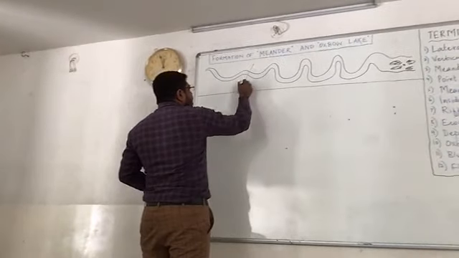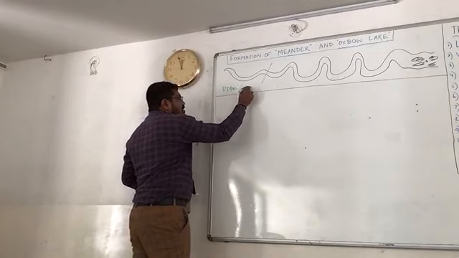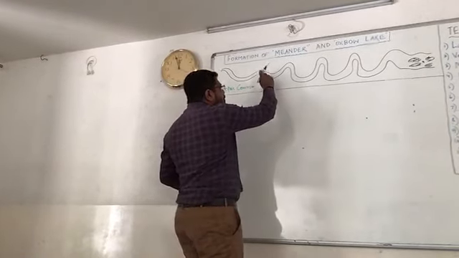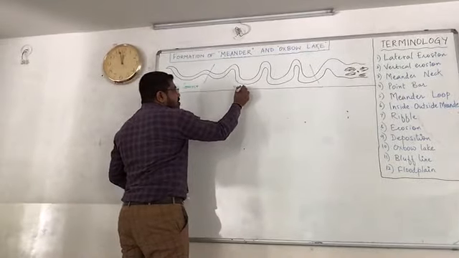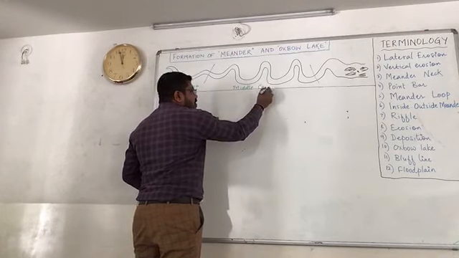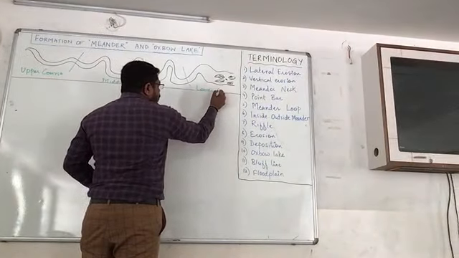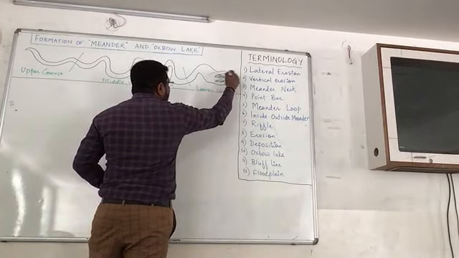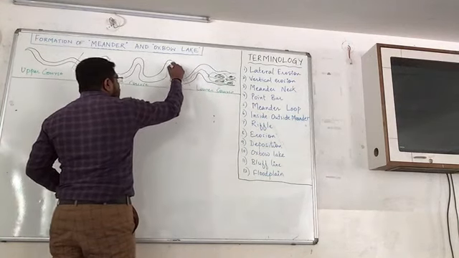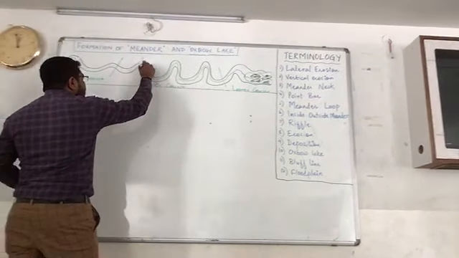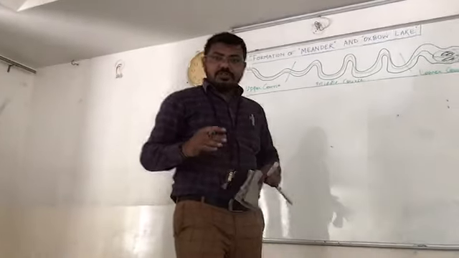We can say that this is the upper course of the river. Then from this point to this point is the middle course of a river or a channel, and this is the lower course. As you can see, the river itself is dividing into so many small streams, and this is the way rivers generally flow. Okay, so we are going to talk about the middle course.